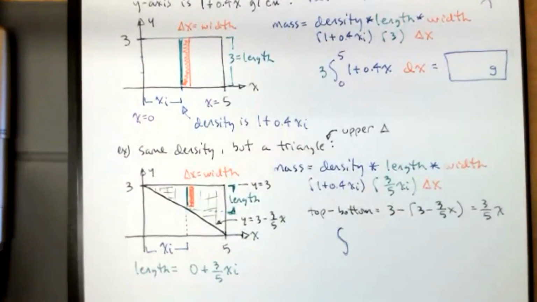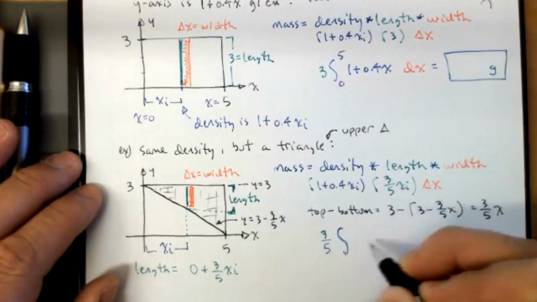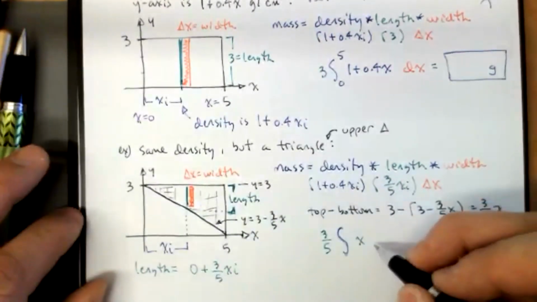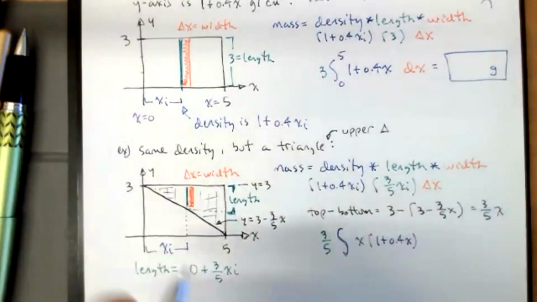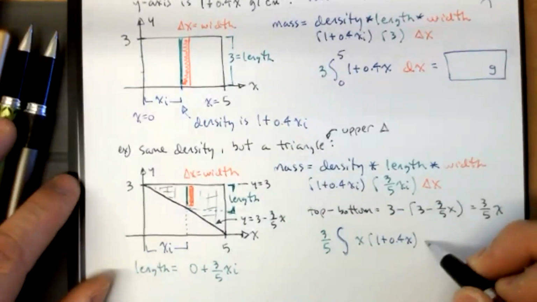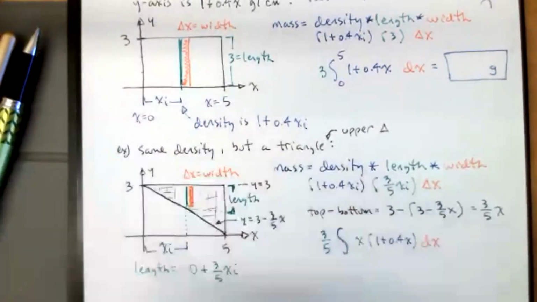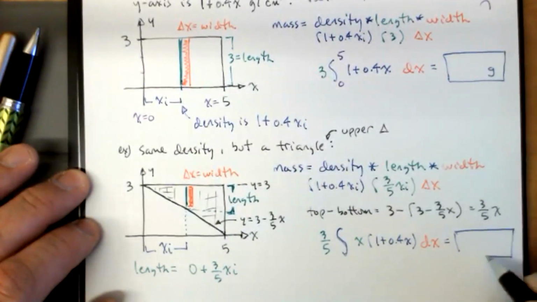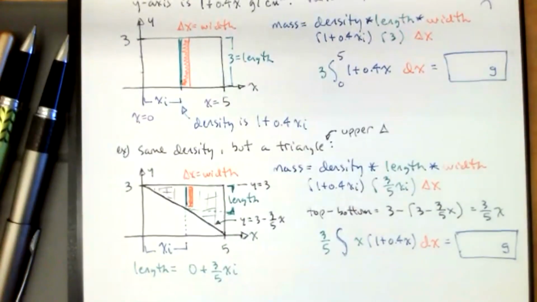And we'll have the integral of, I'm going to factor the 3/5 out, then I have an x times a 1 plus 0.4 x. We drop the indexing because we've gone from the discrete to the continuous, and our discrete delta x becomes a continuous dx. We add up all these values nice and continuously, and we'll get some number of grams.